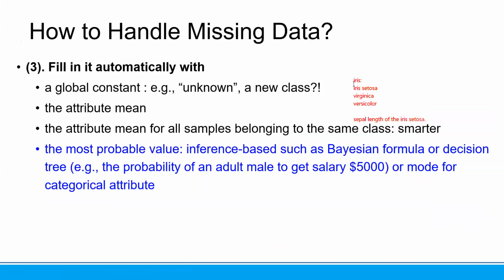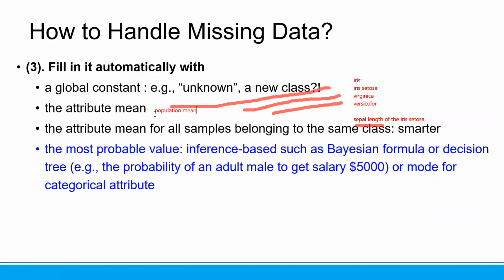Then I want to fill in automatically. If you use the first way, the attribute mean, then you will calculate the mean from all the flowers. So you will include the 3 flowers, setosa, virginica, and versicolor, and you calculate the mean for the sepal length. We call it the population mean.